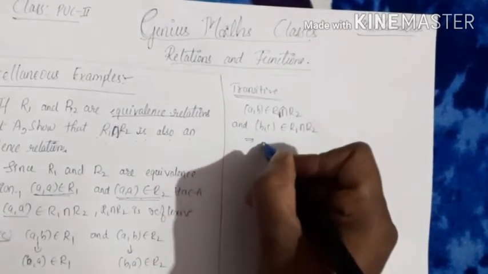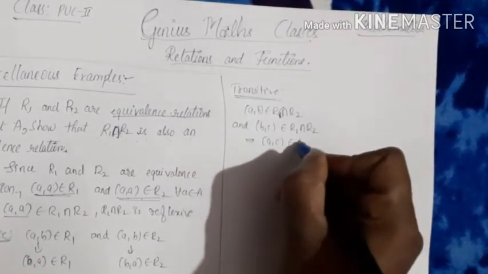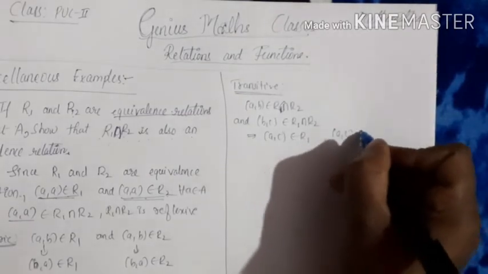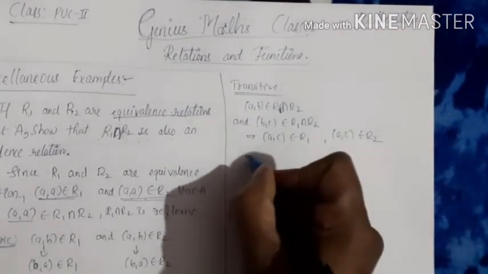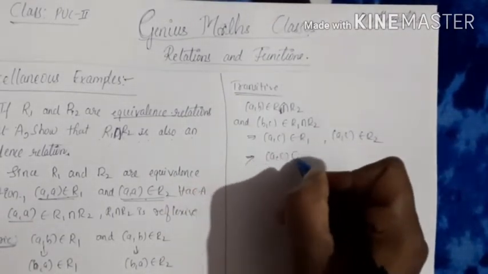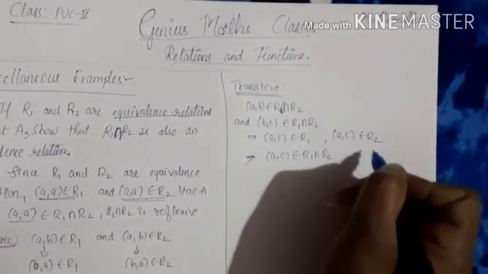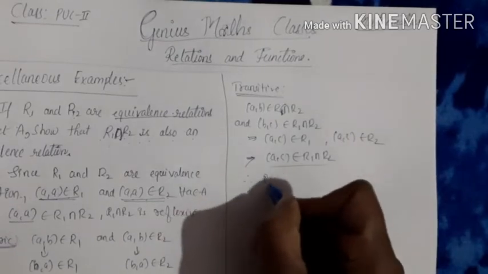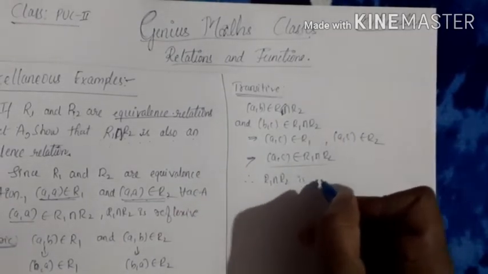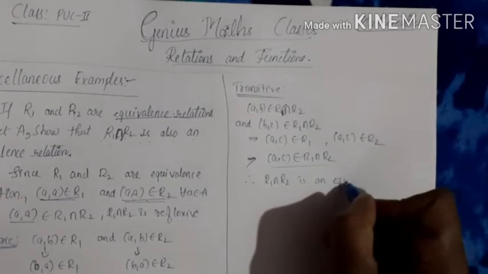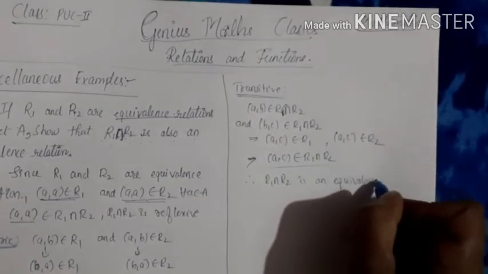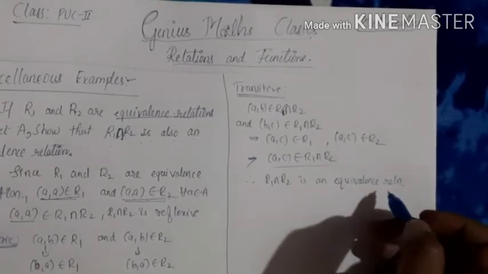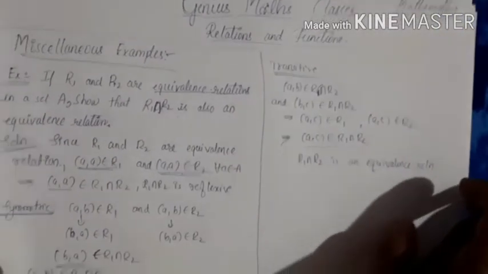That implies (a, c) also belongs to R1, and (a, c) also belongs to R2. That implies (a, c) also belongs to R1 intersection R2. This is a transitive property. So this shows that R1 intersection R2 is an equivalence relation. This is the solution of this problem.